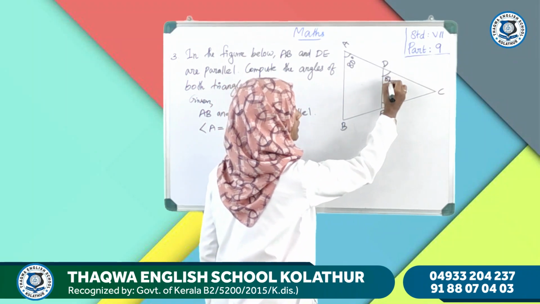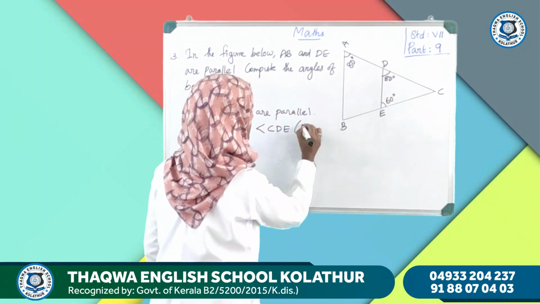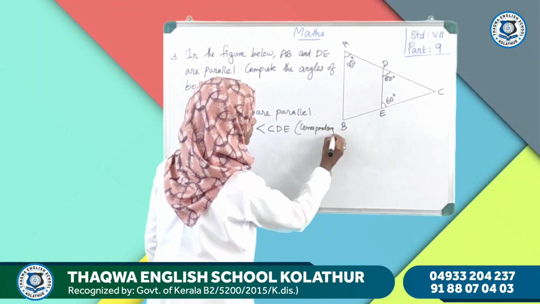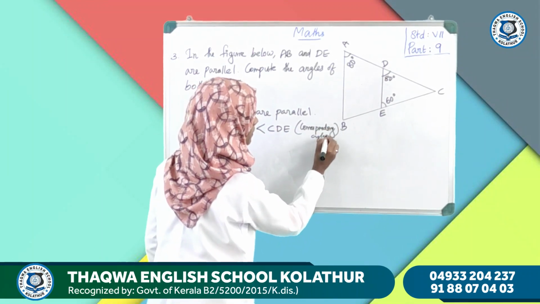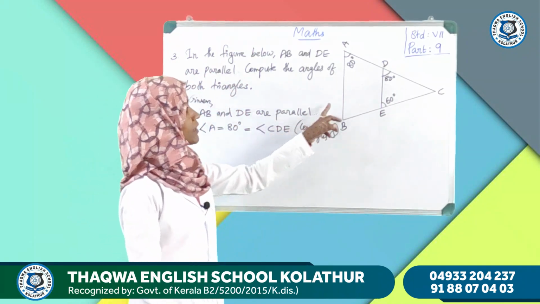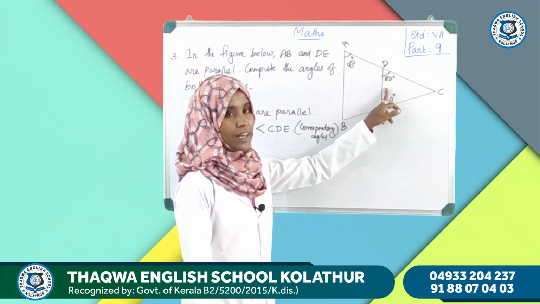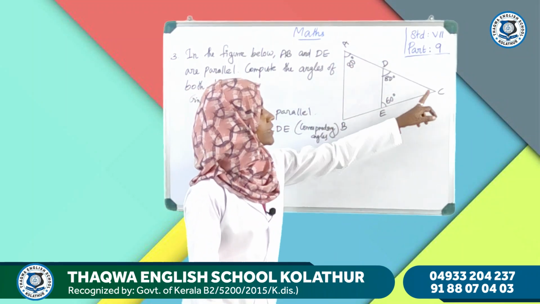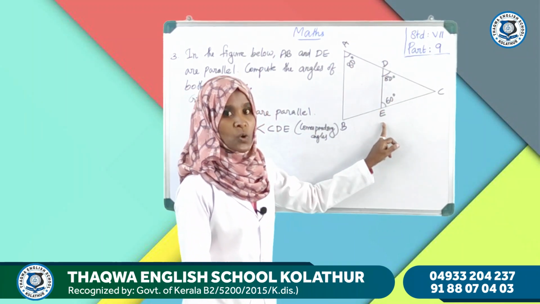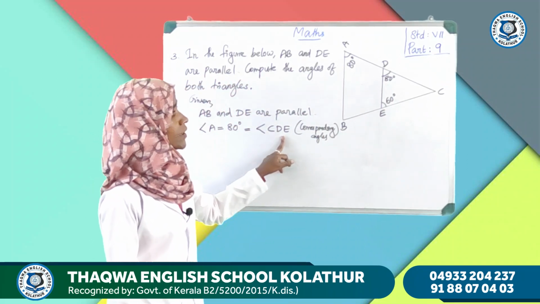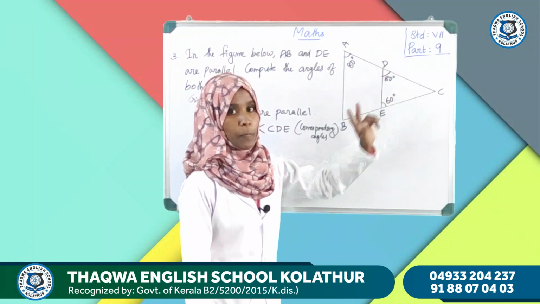These are the corresponding angles. Since AB and DE are parallel, angle A is 80 degrees, and angle CDE is also 80 degrees. Corresponding angles.